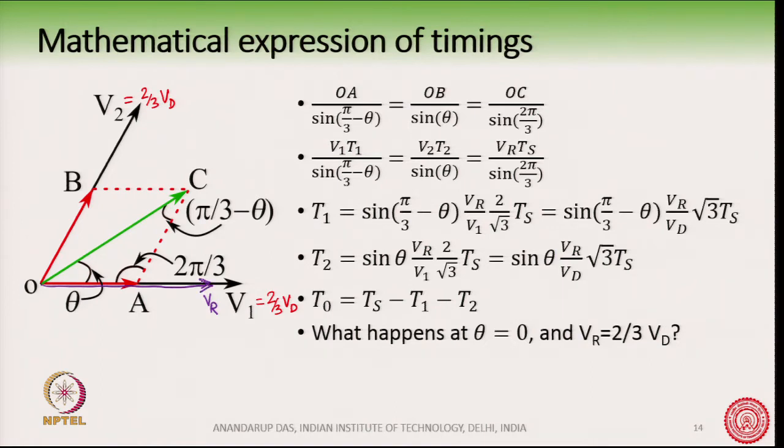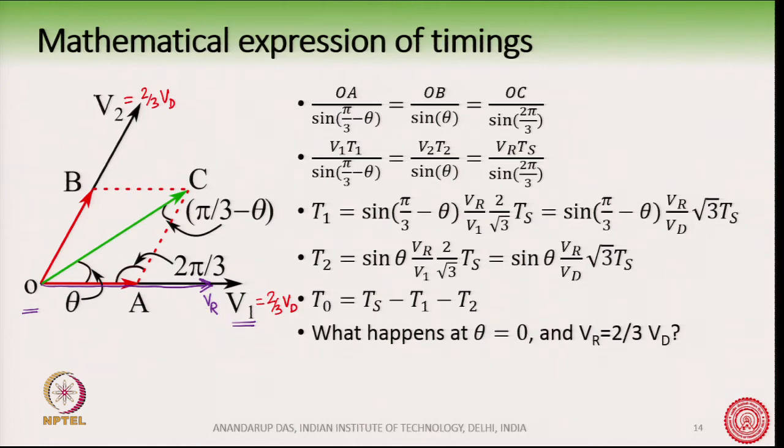Okay. So, what do we guess? That in order to realize this vector VR, we should only switch the V1 vector and the 0 vector. These are the two vectors we should only switch, because this vector is now lying on the V1 axis.